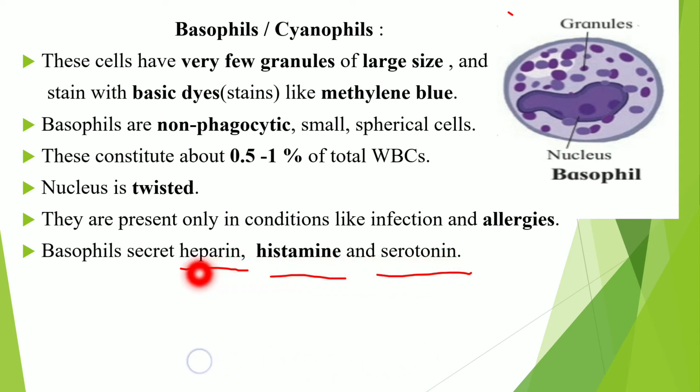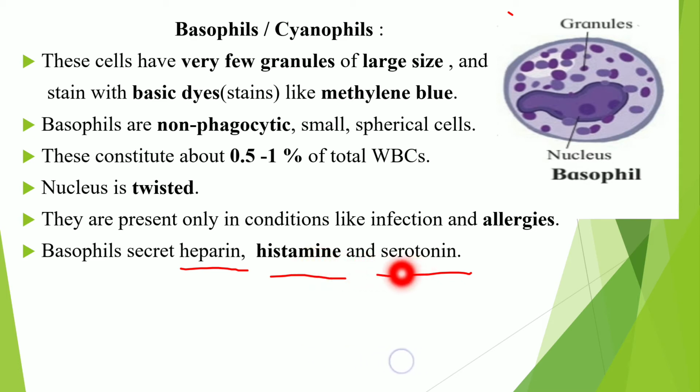So this heparin it work as a anticoagulant in the blood cells which avoid the clotting of the blood in the blood capillaries. Then it can also secrete the histamine which takes part in the immune system, and it can shows the some important symptoms.